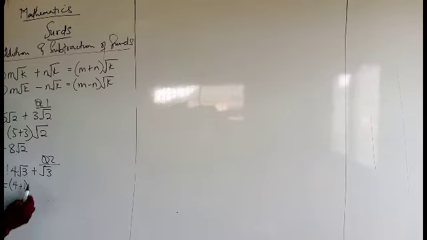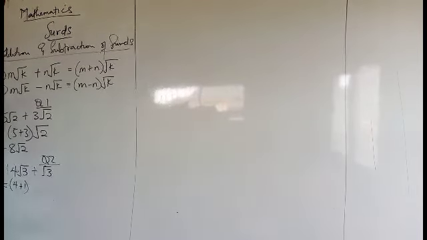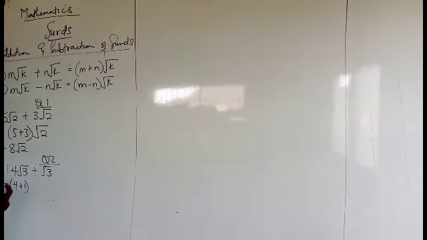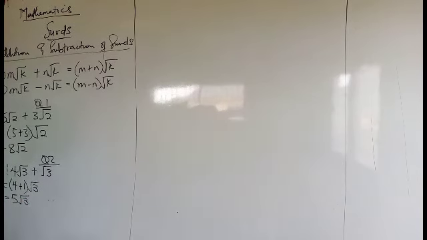Why did I say 1? There's a 1 here that we didn't write. So this side is 1, then root 3, giving us 5 root 3.